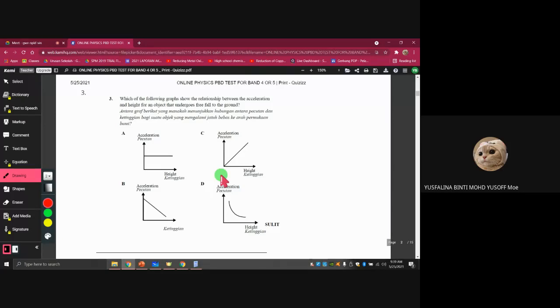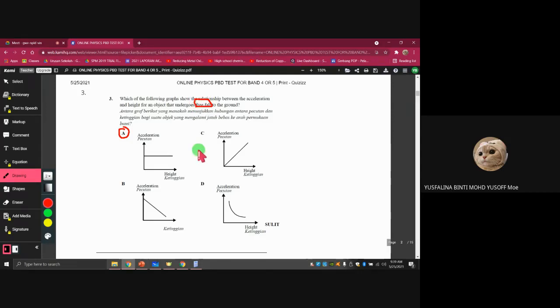And you have to know the value of the acceleration for the object if it falls under the gravitational force only. So the acceleration must always be the same, so the answer should be A. Because the clue here is free fall.